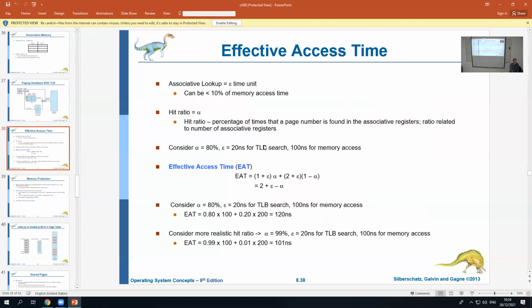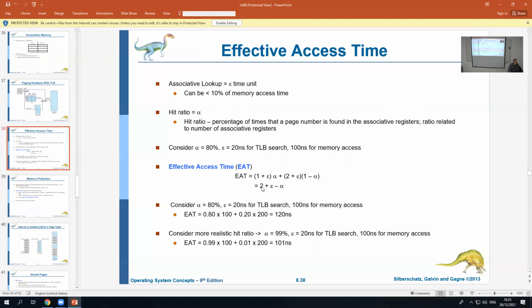So let's see that again. It's 2 plus the time to read from the TLB times the percent of 1 minus alpha. And you can compute that to be 2 plus epsilon minus alpha, which is the time minus... no, this doesn't actually make any sense. What does that mean? What is 2?